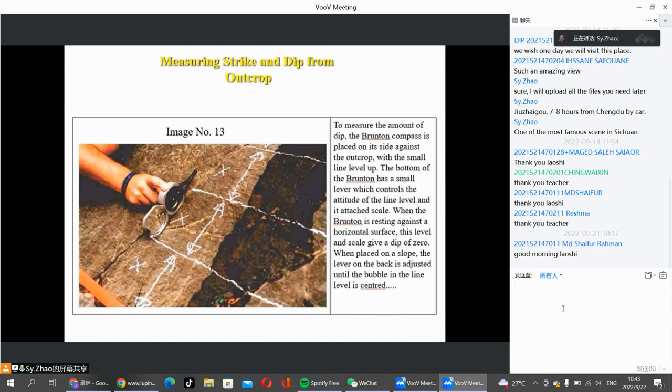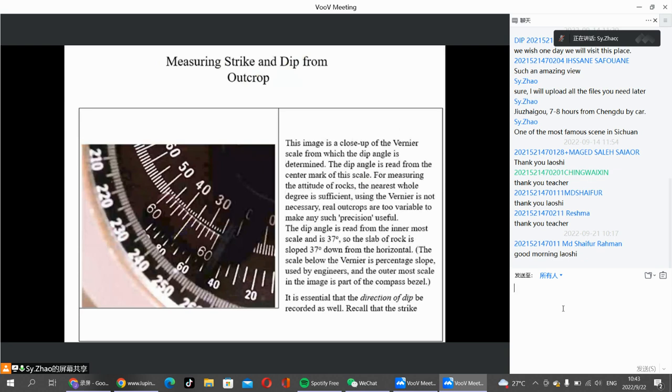And when placed on a slope, the level on the back is adjusted until the bubble in the line level is centered. And this image is a close-up of the vernier scale from which the dip angle is determined. And the dip angle is read from the center mark of this scale.